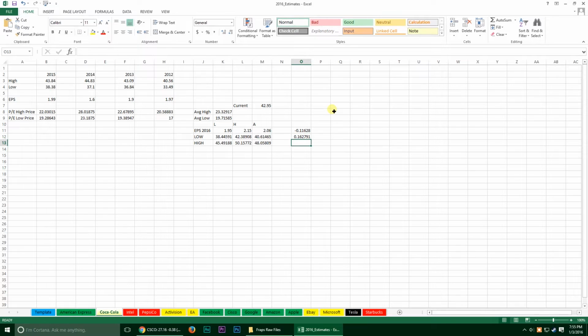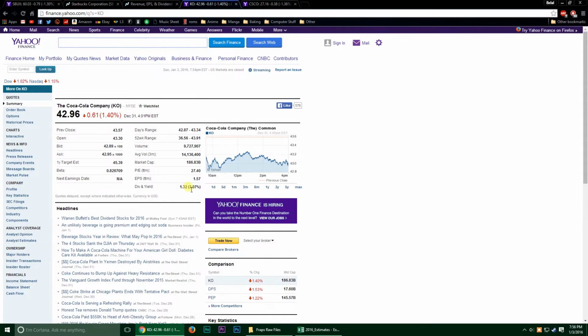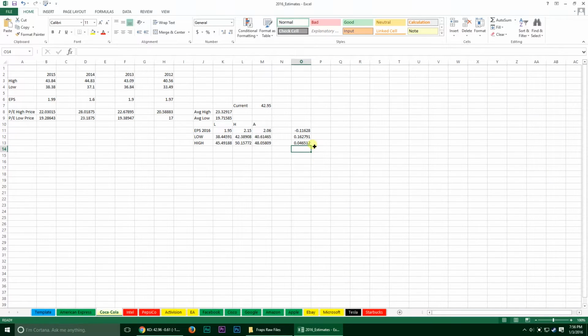Divided by 43, which is a minus 11% gain and a plus 16% gain, which if you add it up, you have a net gain of about 5%. However, Coca-Cola does pay a dividend, which is about 3% annually. Remember, this is annually. So you would have about 5% plus 3%.